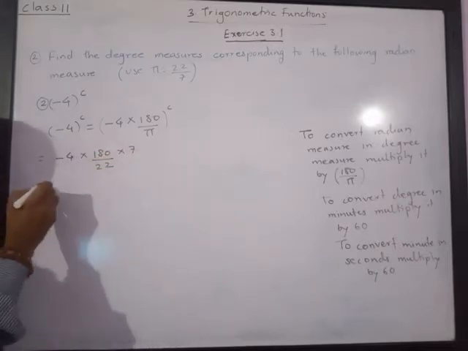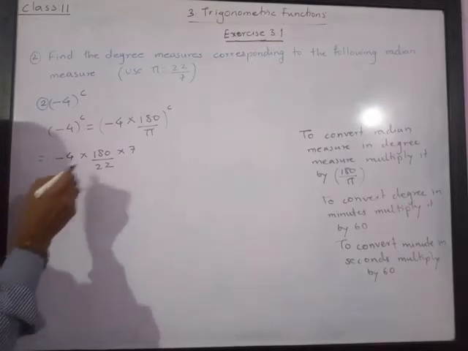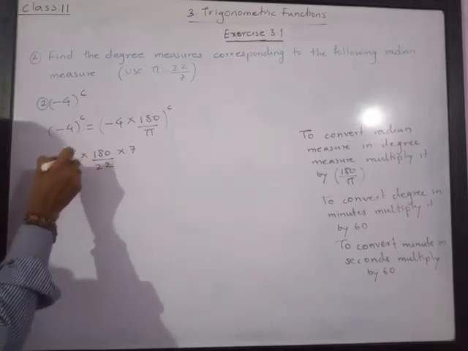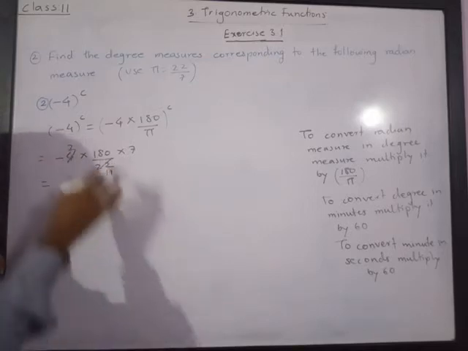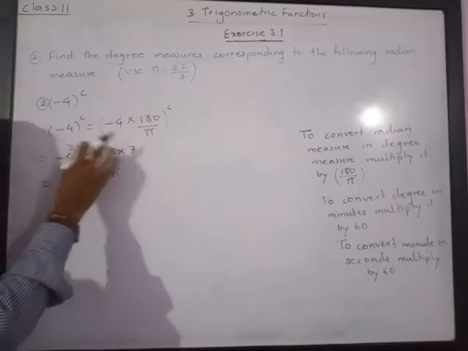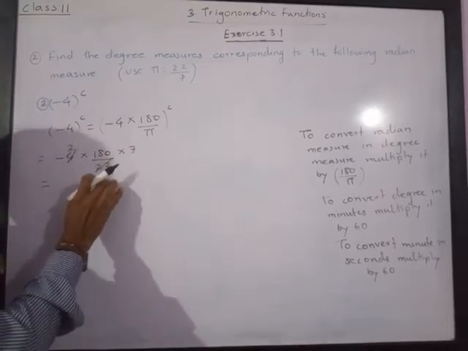Now this is reducible by 2: 2 twos are 4, 2 elevens are 22. So now the number is 2 multiplied by 180 multiplied by 7 upon 11.